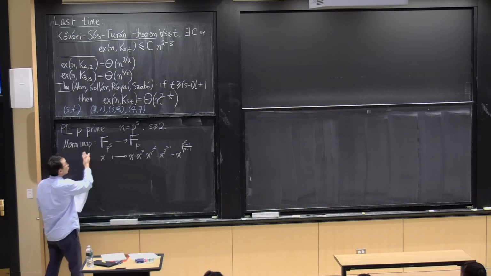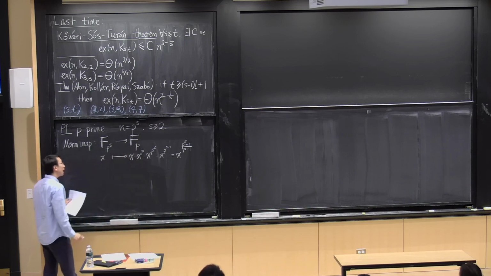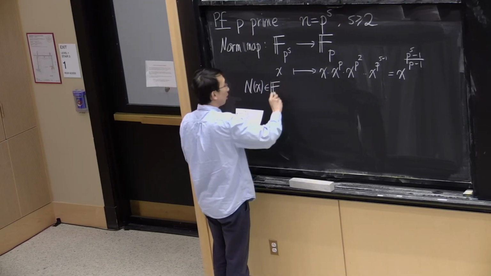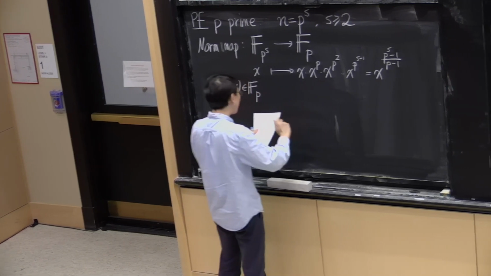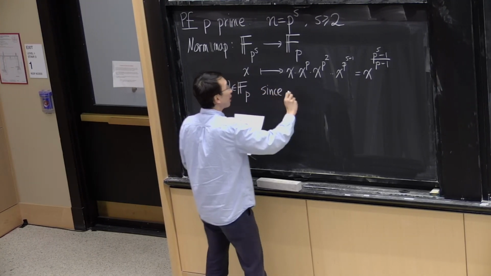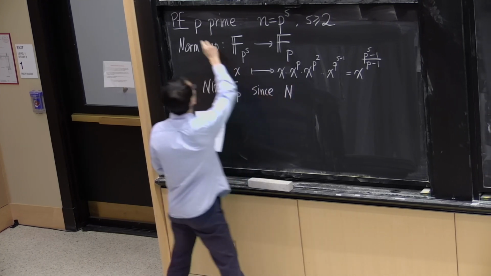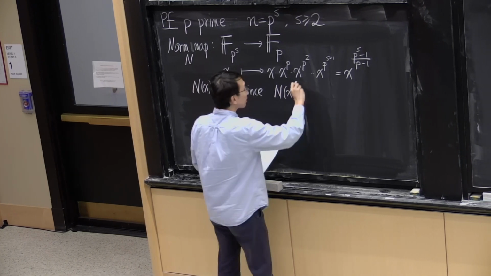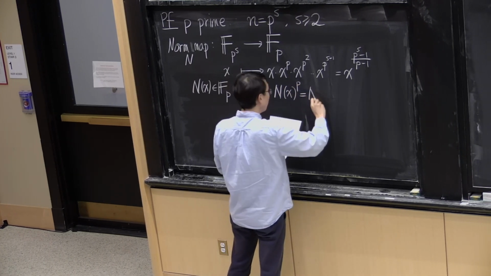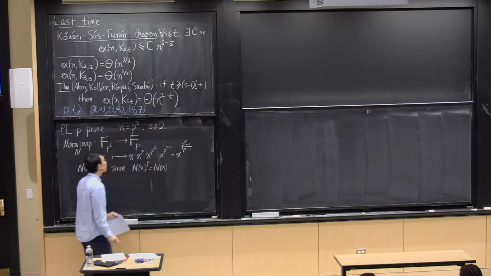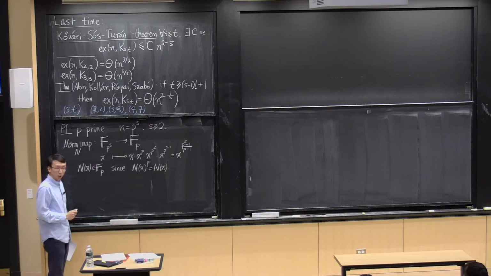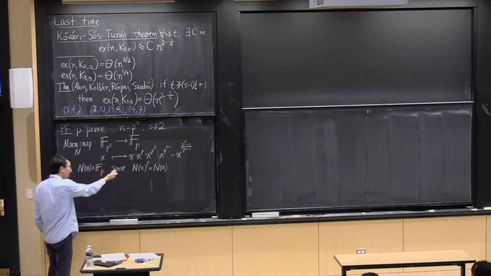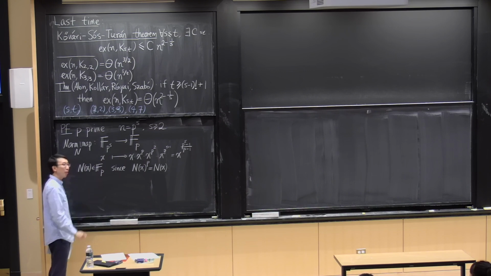I wrote that the image of this norm map lies in the base field F_p, and one of many reasons why this is the case is that if you look at N(x), which I'll denote the norm map by N, and raise it to the power p, it leaves this value unchanged. And the base field is the field that is invariant under taking the power p.